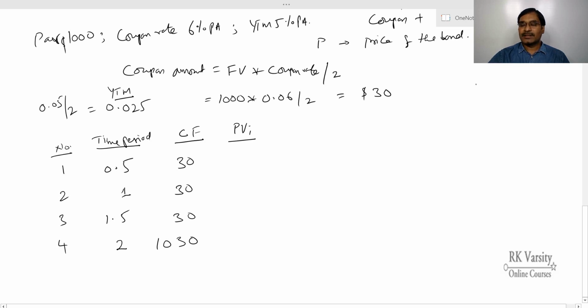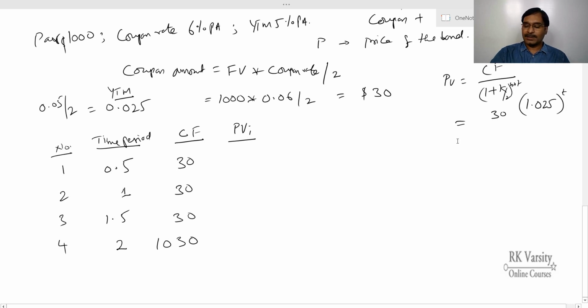Now we calculate the present value of these cash flows. Present value is cash flow upon 1 plus k upon 2, raised to the power of n times t. Here your cash flow is 30 at each time period and your discount rate, or yield to maturity, is 1.025, raised to the power of the time period. So we will calculate the values first.